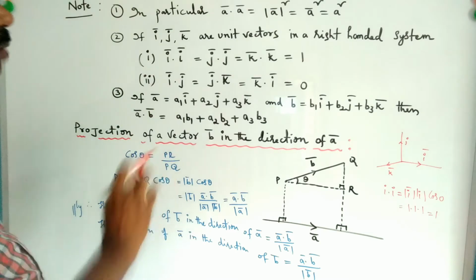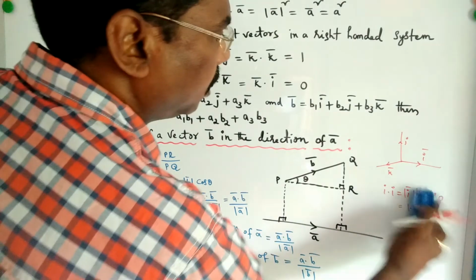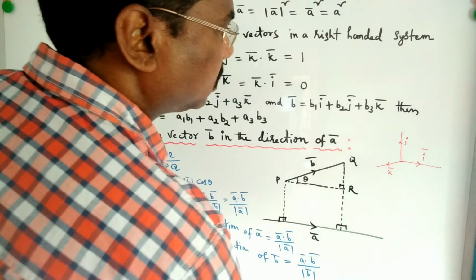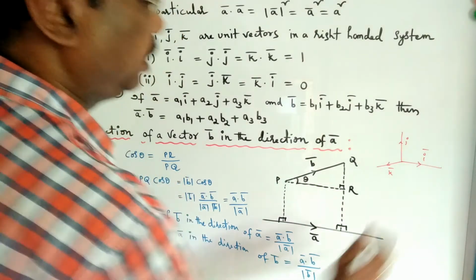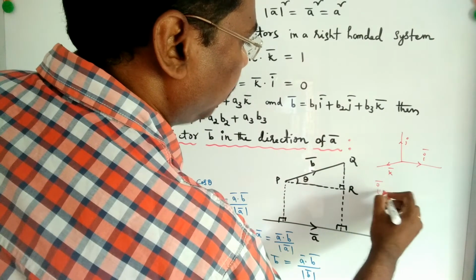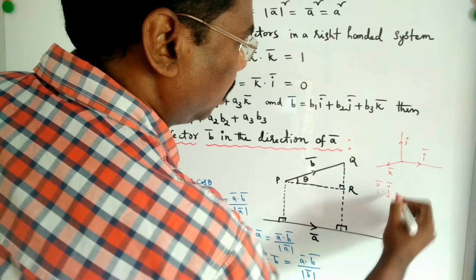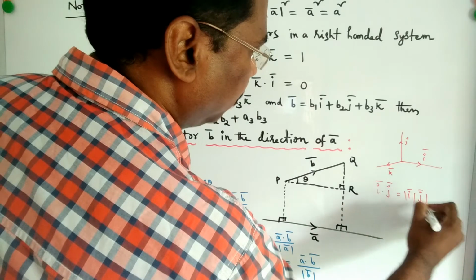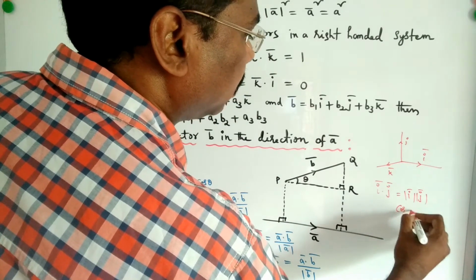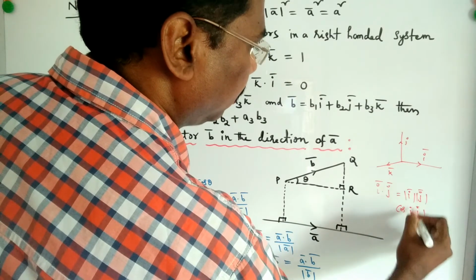Okay, next I bar dot J bar. Now the angle between I bar, J bar value is 90 degrees. I bar dot J bar is equal to mod I bar mod J bar cos of the angle between I bar, J bar.